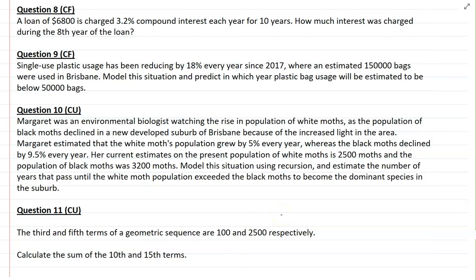Alright, so to approach this question, you have to think about finding out what the geometric sequence rule is, given that you know the third and fifth terms and their values. From that, think about how you could then find the value of the 10th and 15th and then the sum of those terms. So press pause and give it your best go.